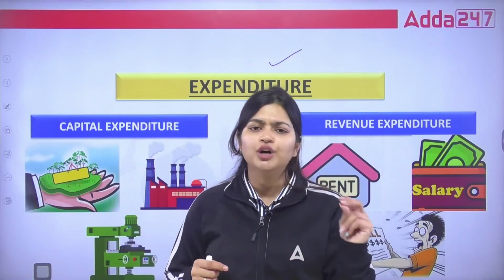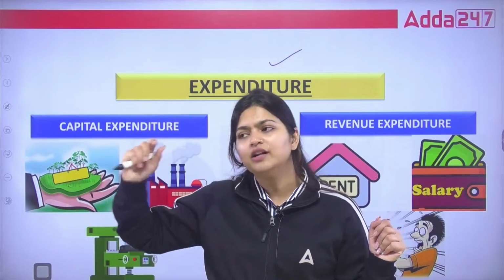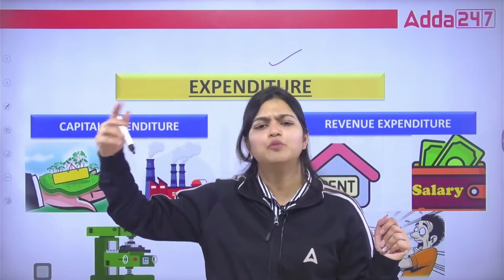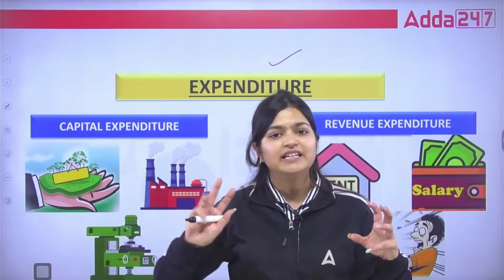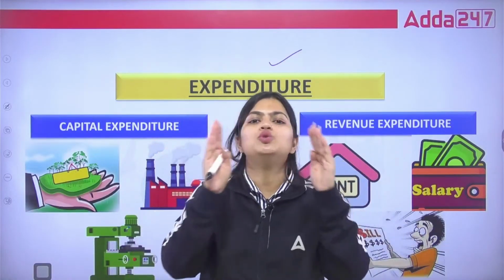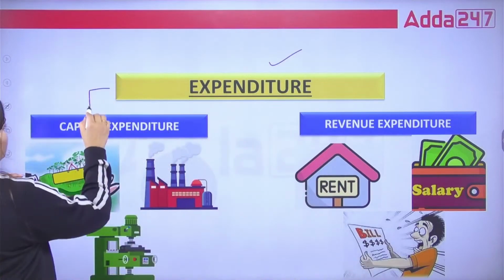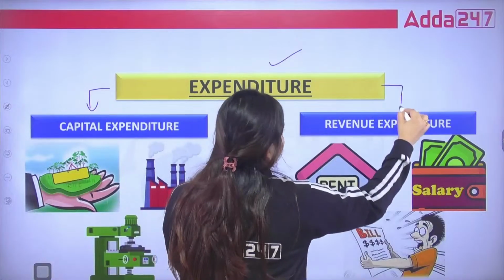Some goods will be consumed immediately, some goods will be used for a long time, like more than 1 year. So basically now we can say this expenditure holds two parts. One part can be your capital expenditure. Next, it can be your revenue expenditure.